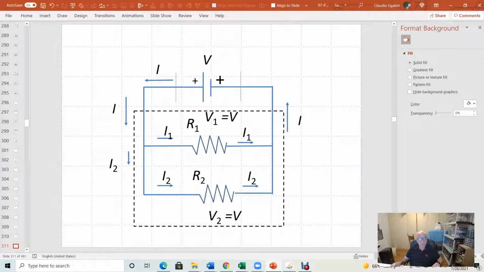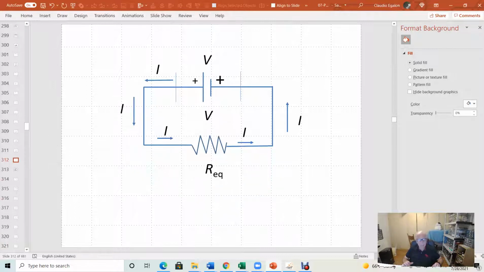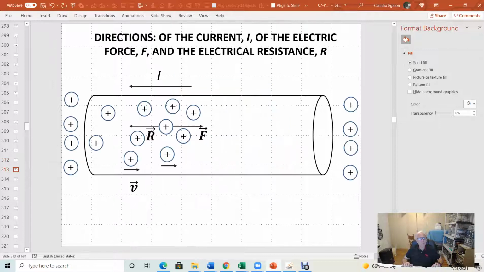When you combine those two resistors in parallel, what do we get next? We have an equivalent resistance. From there, we can use Ohm's law to calculate the current exiting the battery. The simplest of all circuits, the equivalent circuit.